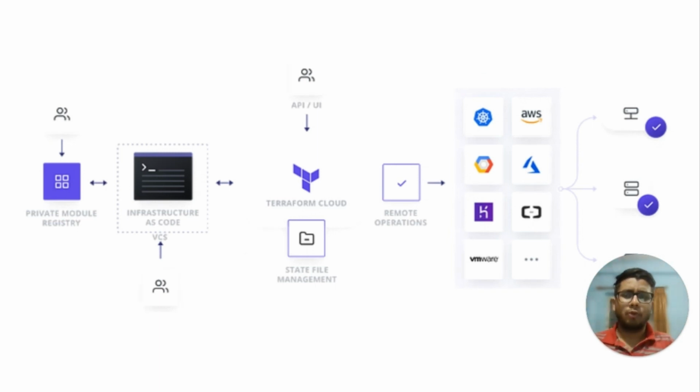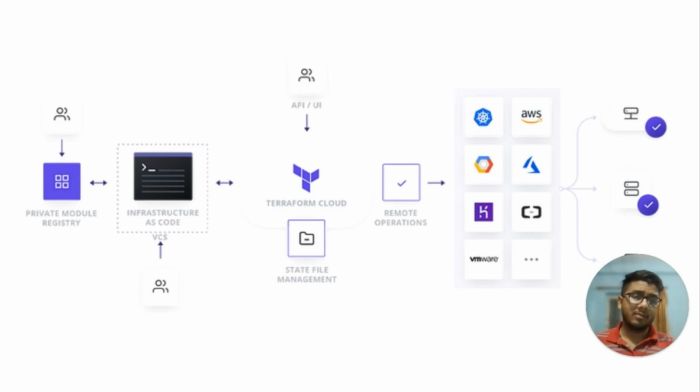Next is a general scenario where this is working. Like a private module registry and some VCS. If some code is implemented, it will trigger Terraform Cloud. Terraform Cloud we can access in two ways: API and UI. What it does is configure remote operations.